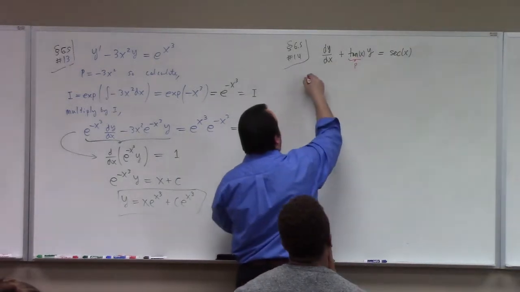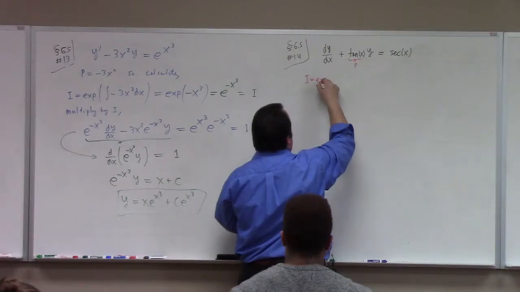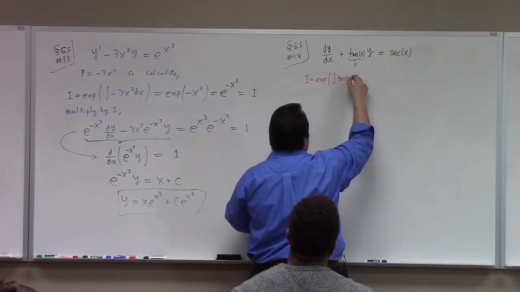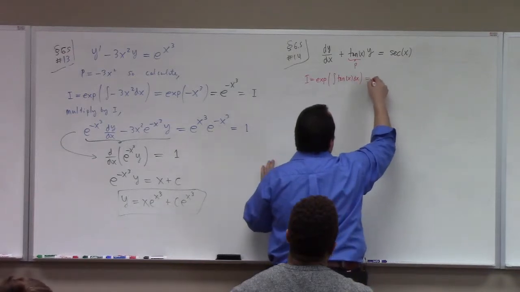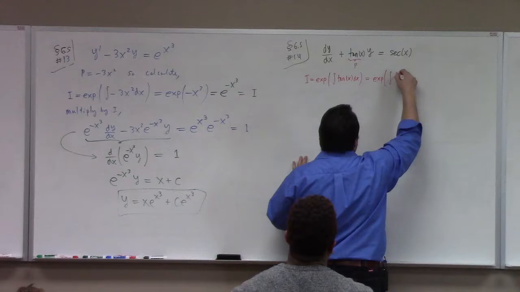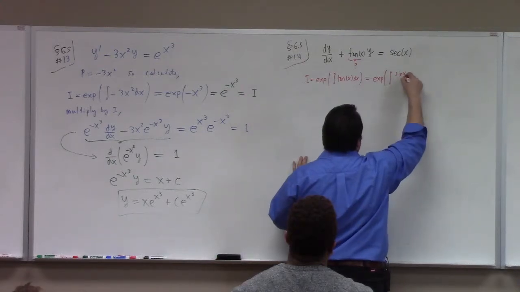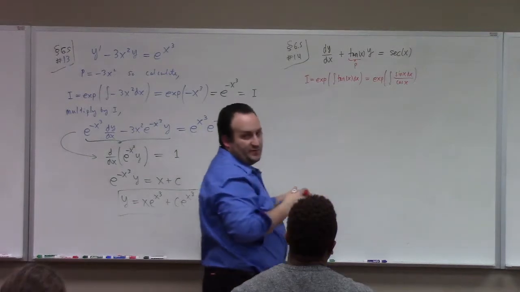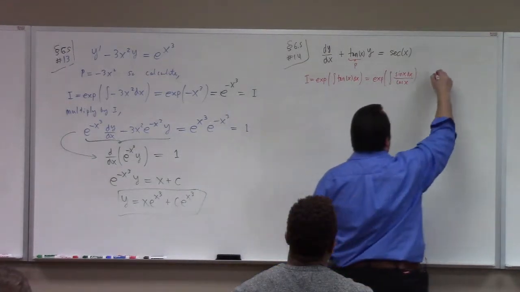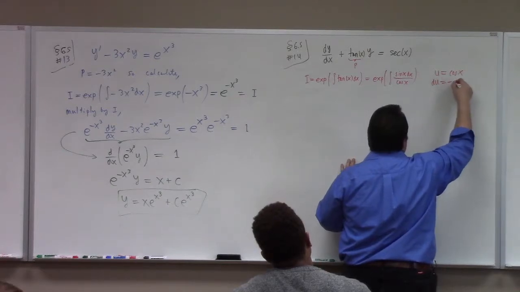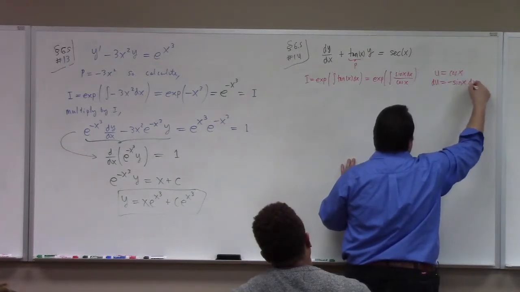So my integrating factor is the exponential of the integral of tangent of x dx. Now that one I'm actually going to have to think about for a second. That's the exponential of the integral of sine x dx over cosine x, right? So if I let u equal the cosine, du is what? Minus sine x dx.